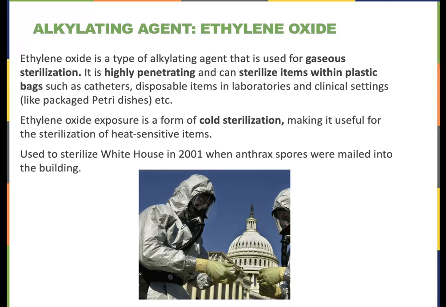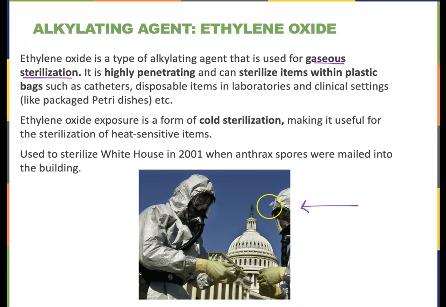One alkylating agent that's used as a gas a lot is ethylene oxide. The reason this is mentioned is because it can penetrate through materials, which is very useful in a particular scenario, and maybe more to come.